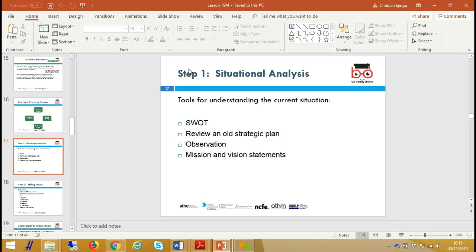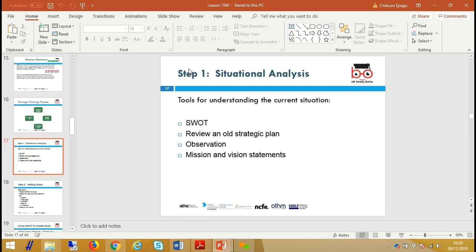So in step 1, when we talk about environmental scanning or situational analysis, you need to review the old strategic plan if there's an existing strategy already. So for instance, some organizations will have a 5-year strategy ending in 2020. So right now in 2019, they will be preparing the next 5-year strategic plan.